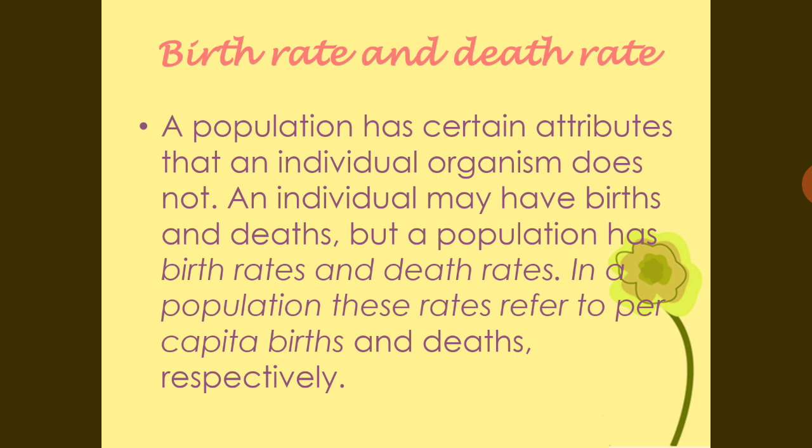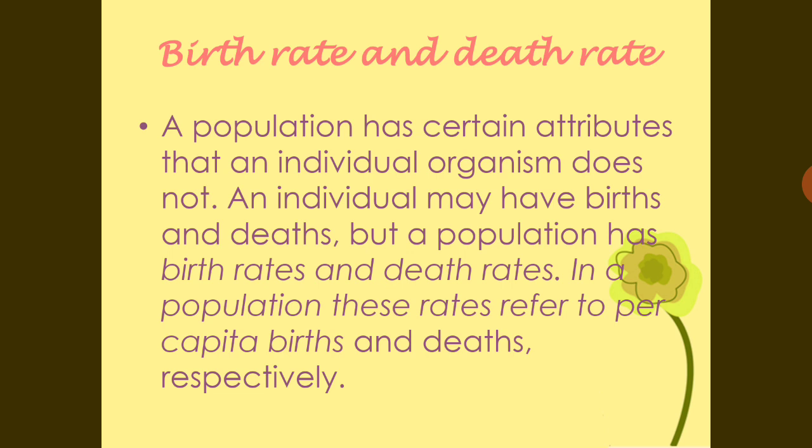Thus, the birth rate can be calculated by the following formula: birth rate is equal to delta N upon N delta t. Similarly, we can understand the death rate by taking an example.